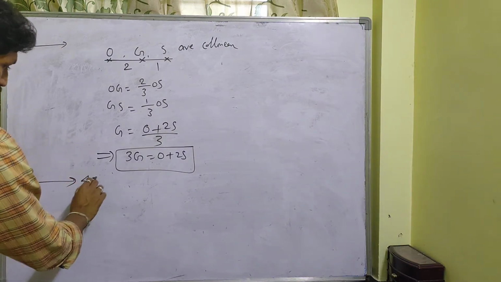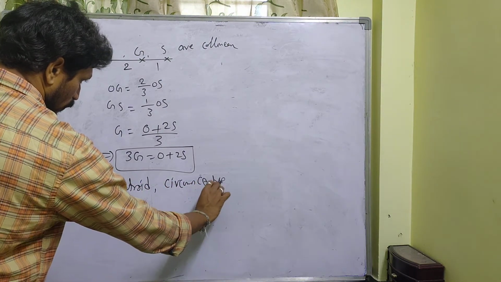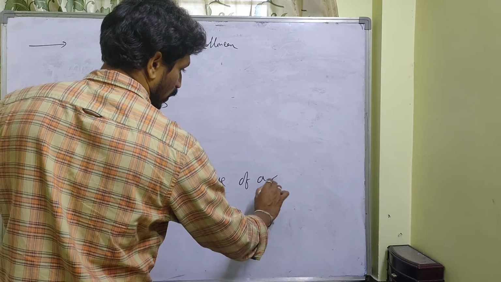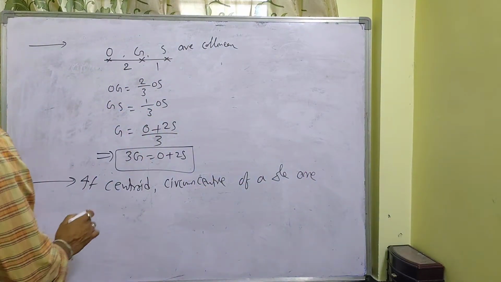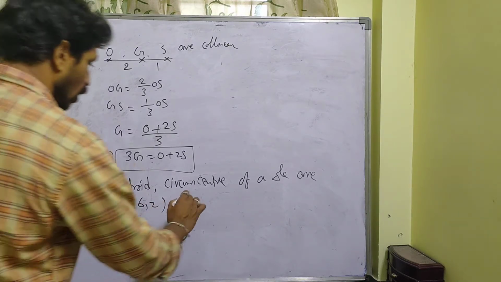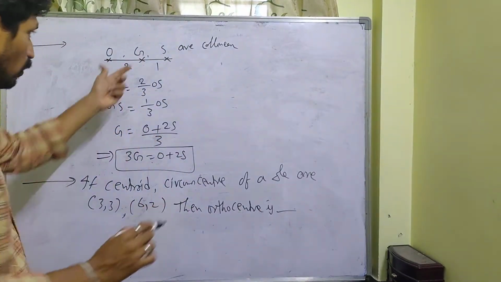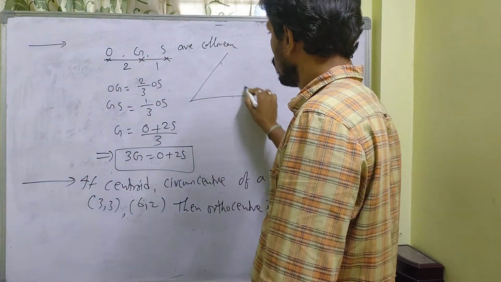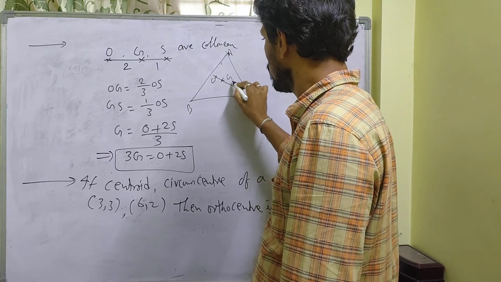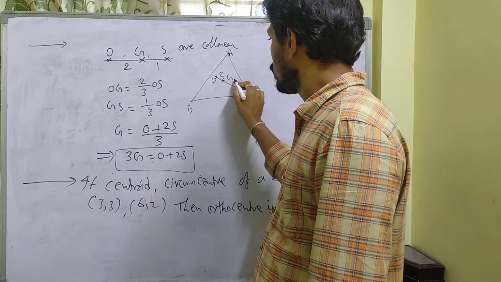If the centroid, circumcenter of a triangle are 3, 3 and 6, 2, then the orthocenter is, just remember, in the triangle ABC, let us consider this is O, this is G, this is S. So G divides OS in the ratio 2:1.